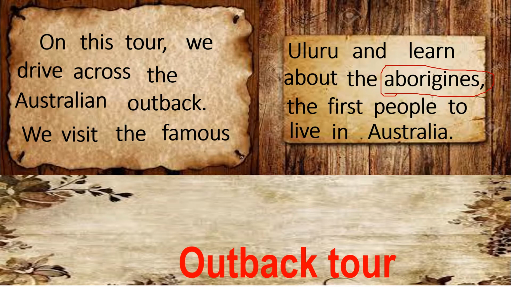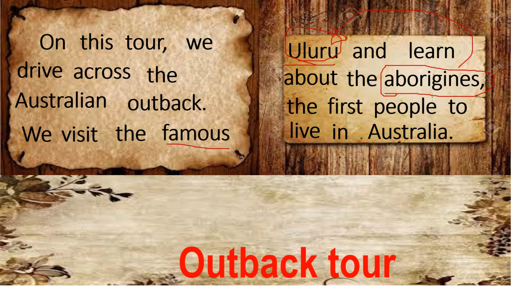They are the first people that were living in that place before. So where can we find the aborigines of Australia? It's in Uluru. The aborigines, or the first people to live in Australia, are to be found in Uluru, Australia, known as the famous Uluru.